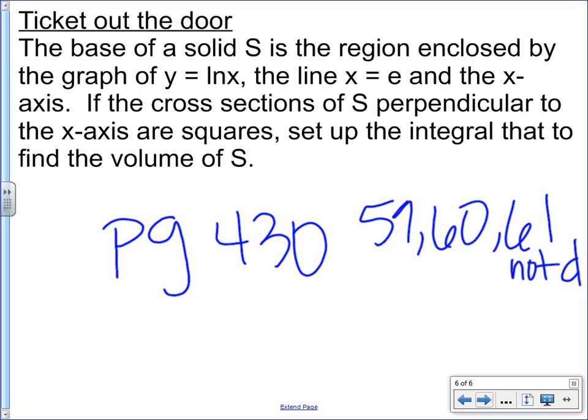Okay, here's your function, right? e is a little bit more than 2, right? So it's gonna be like here. So we're talking about this. Okay? So, instead, let's just talk about it. Our integral would go from 1 to e, and our square has a base.